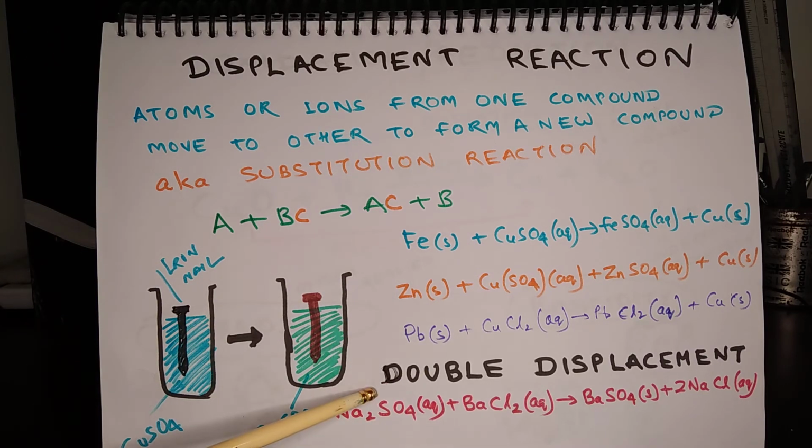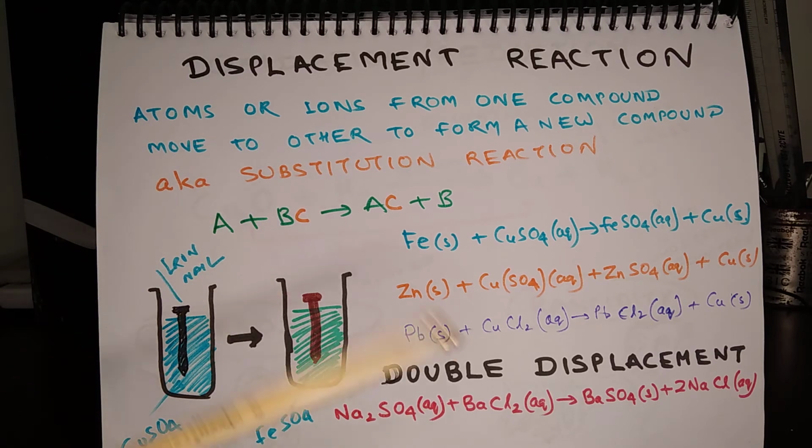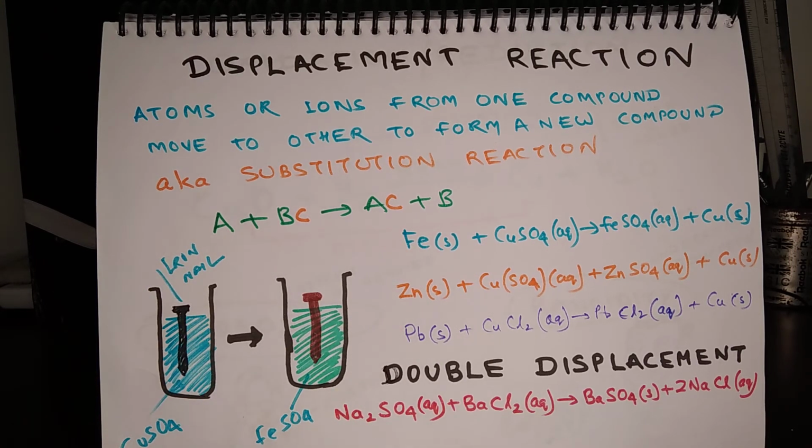Now, double displacement reaction can be said to be a subtype of displacement reaction. In this case, there is a mutual displacement. One example is when aqueous solutions of sodium sulfate and barium chloride are mixed in a test tube and left for some time, a white precipitate of barium sulfate appears in the mixture.